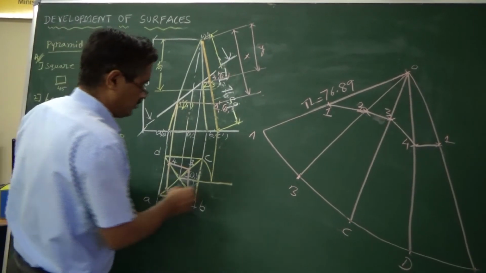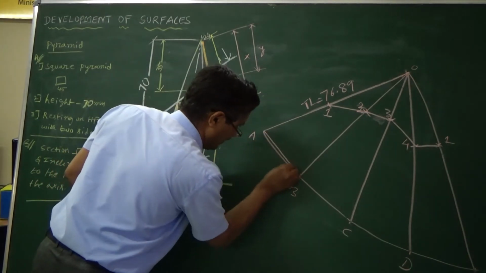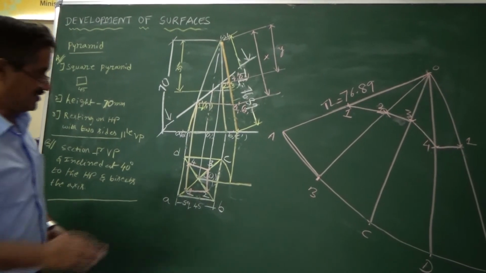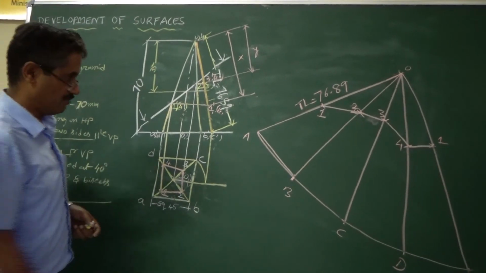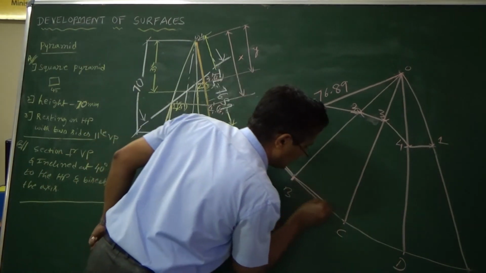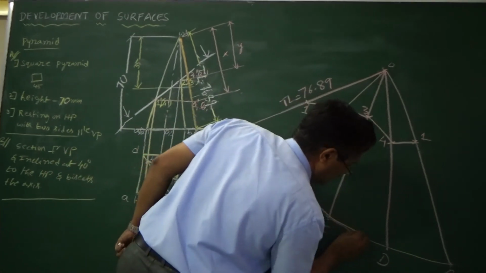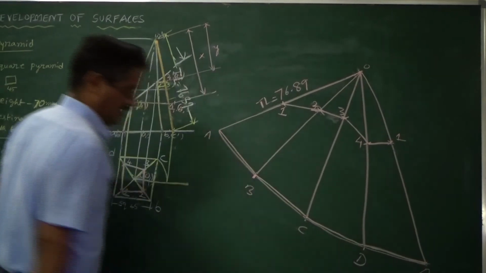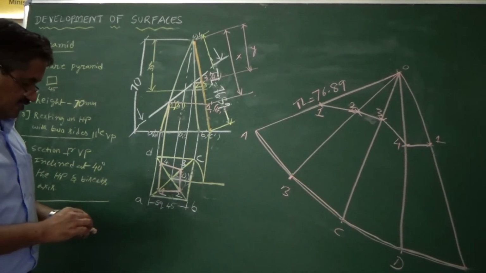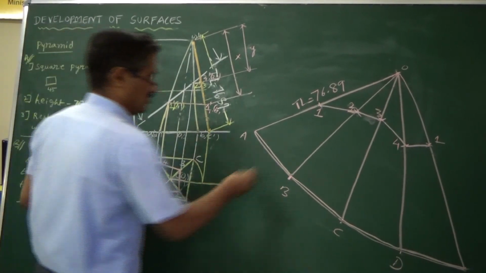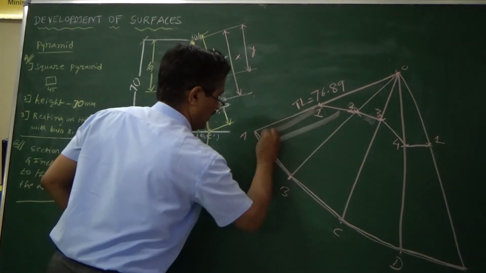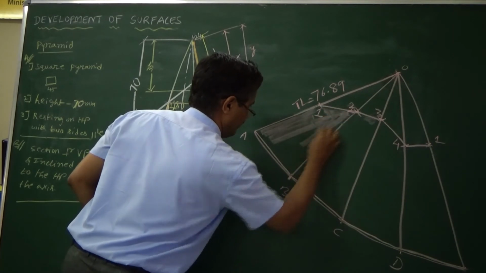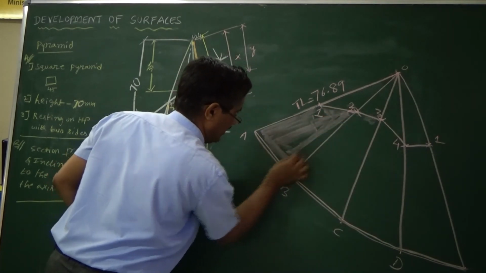And also you need to draw a straight line here in the case of pyramids, because it is not a circle or a cone, it is straight edges at the bottom also. You will be connecting this and this, all the A, B, C, D here using a straight line. That is, take your scale and draw a straight line here. So now which is the development part for us? So this part will be now a development sheet that we have to use to develop the bottom portion of the pyramid.